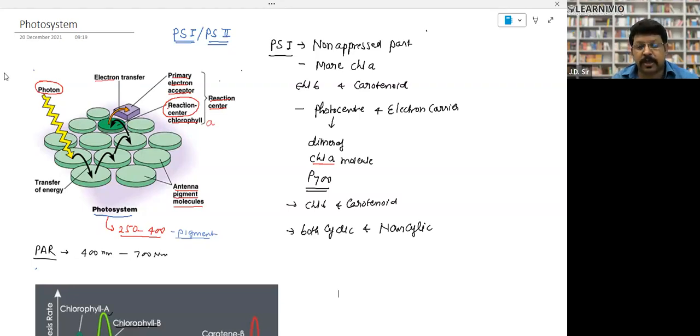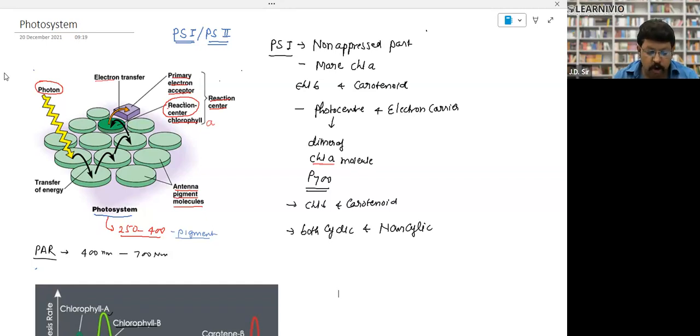Now the first subheading will be PS1 or photosystem 1. First point: write it down in bullet form or point form, not as a paragraph.